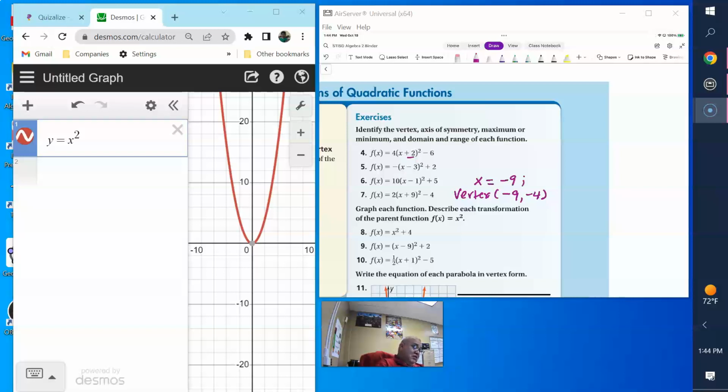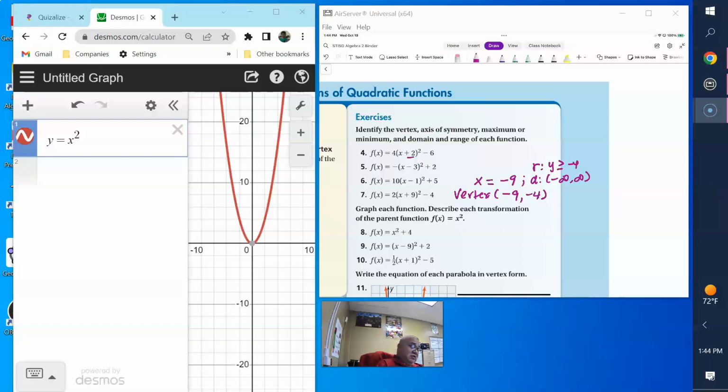The domain is -infinity to +infinity, and the range, since that is a minimum point, is y greater than or equal to -4. So that's the range, that's the domain, the vertex, the axis of symmetry, and like we said, that is a minimum point.